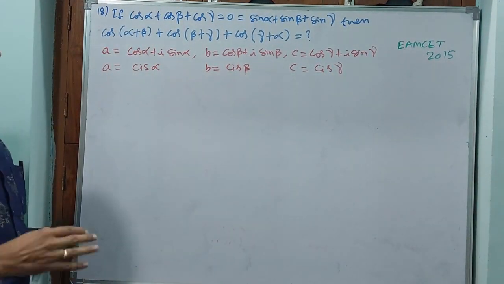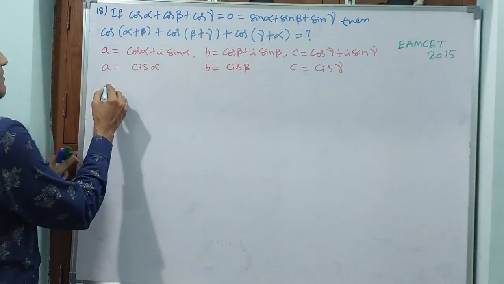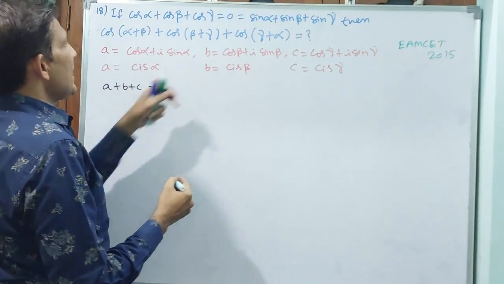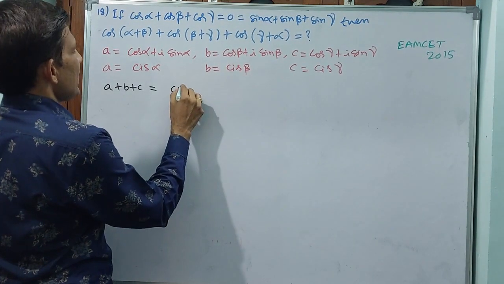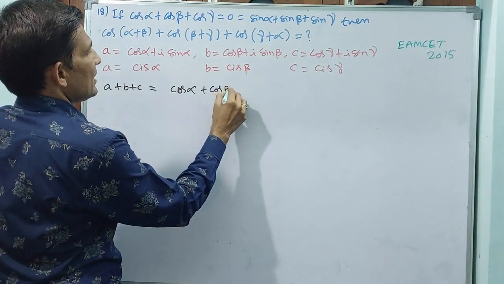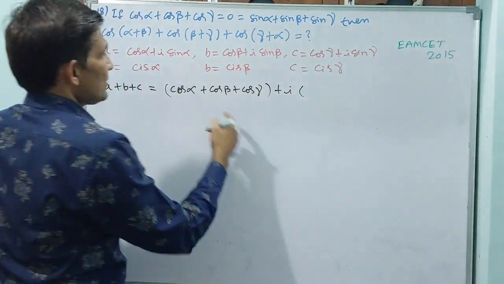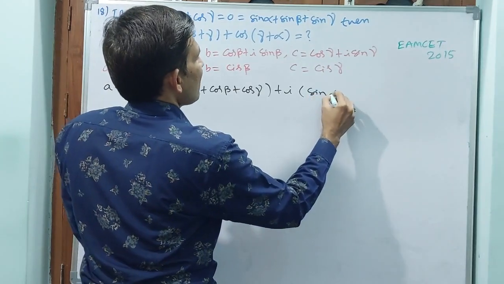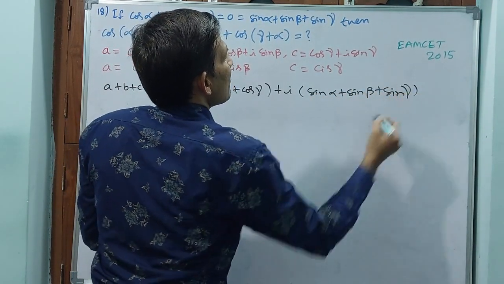Okay. Now you see, now I want to add A plus B plus C. See what I am writing. A plus B plus C is equal to, you add this: cos alpha plus cos beta plus cos gamma plus i times, see, I am adding the real part and imaginary part separately, sin alpha plus sin beta plus sin gamma.